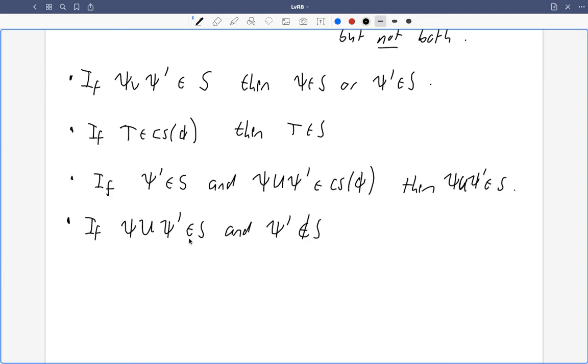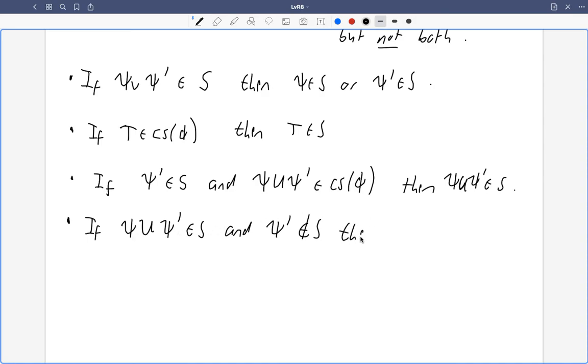So this until property is true at S, but psi prime does not belong to S, so psi prime is not true at S. Well, in that case, for an until property to be true, the formula that we're waiting for to be true eventually, psi prime, if that's not true now, then psi itself, the first formula, needs to be true.